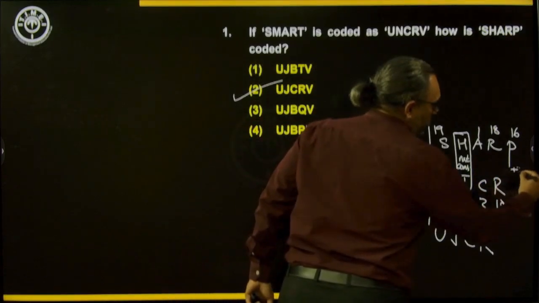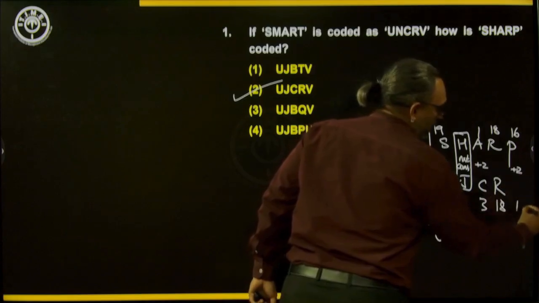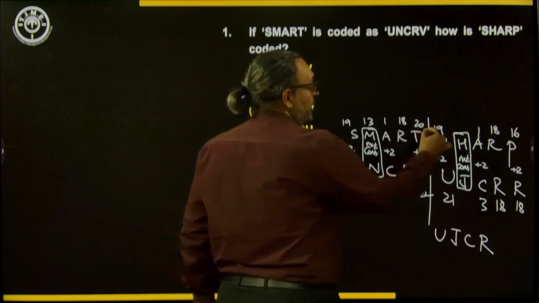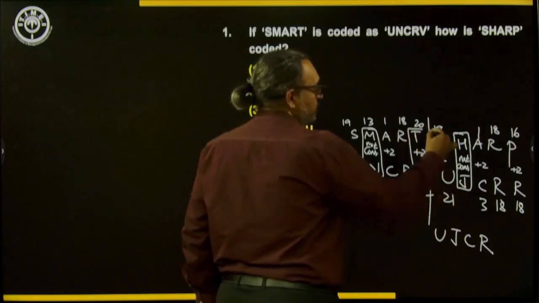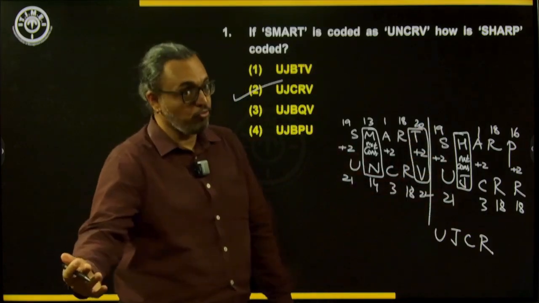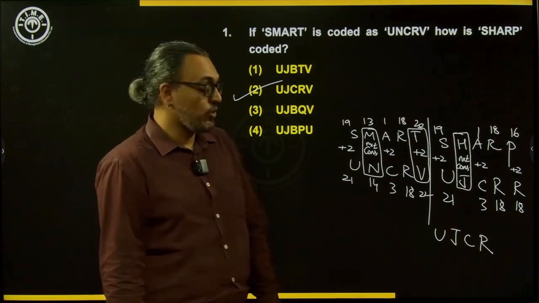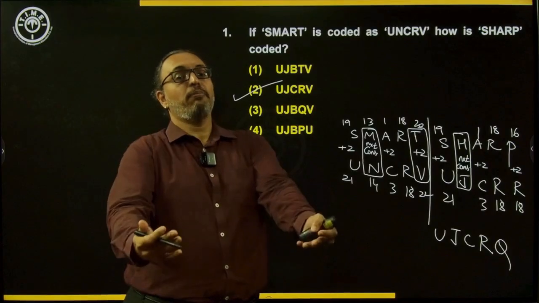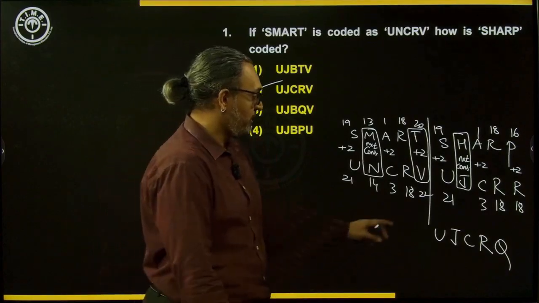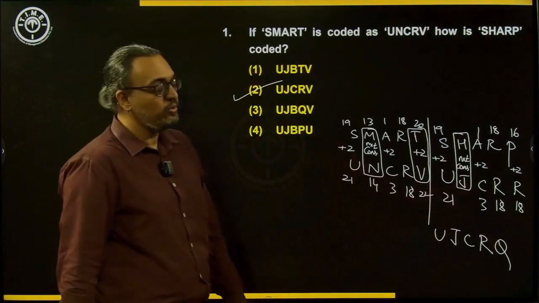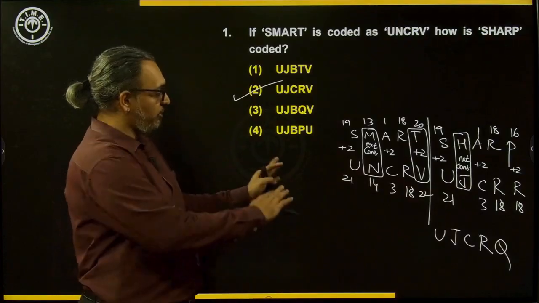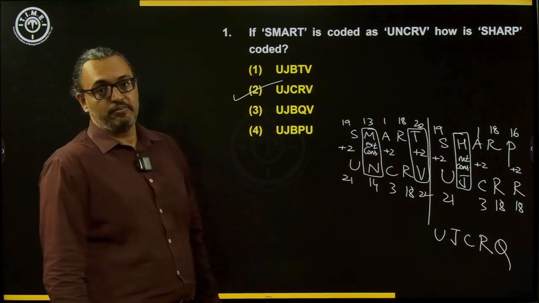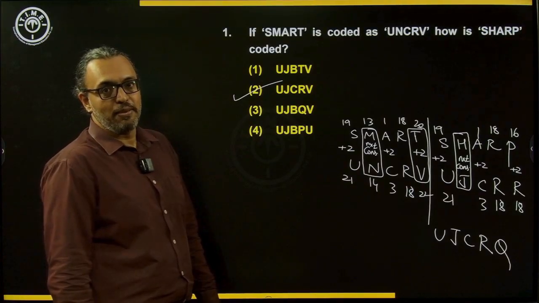So if I take +2, I get 18 again, which is R. Or if I take it as the next consonant, because after T you get a U, U is a vowel, then I should get a Q, because immediately after P the next consonant is Q. So it is either UJCRR or UJCRQ. We are unclear, but otherwise this is the logic we can look at from the example given.